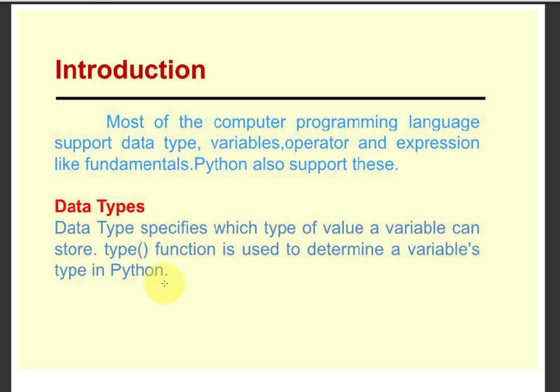In the last program, we already practiced how to identify the type of a variable with the help of the type method. So this is the definition of data type: data type specifies which type of value a variable can store.